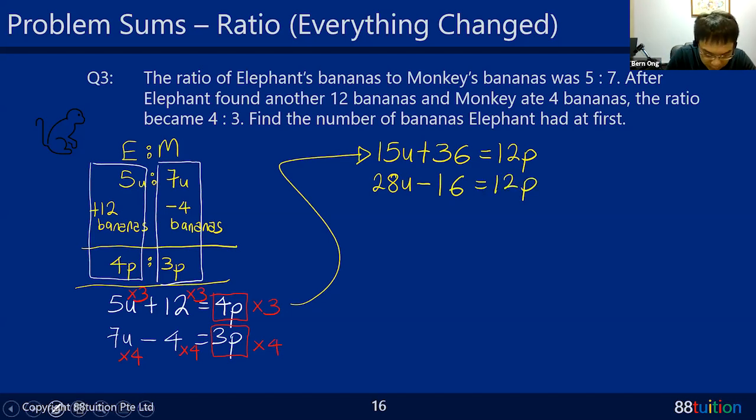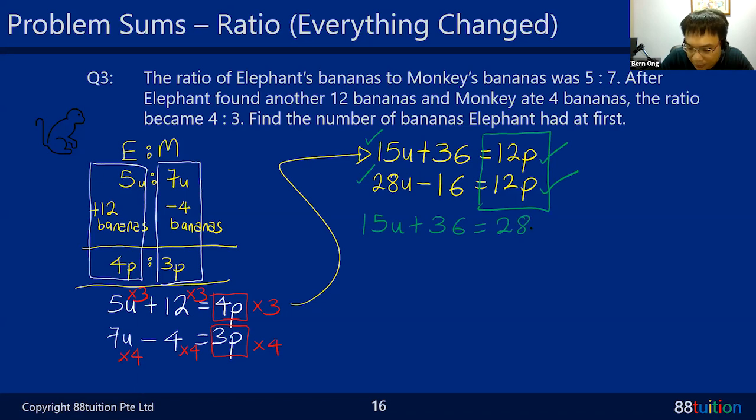Woohoo! What happened? 12 parts and 12 parts, are they the same already? They are the same. Once they are the same, you can compare the left and the right. You can say that 15u plus 36 is equal to 28u minus 16.